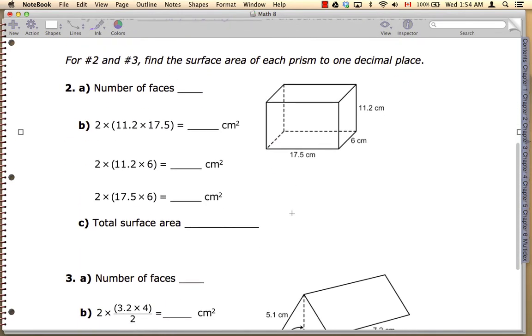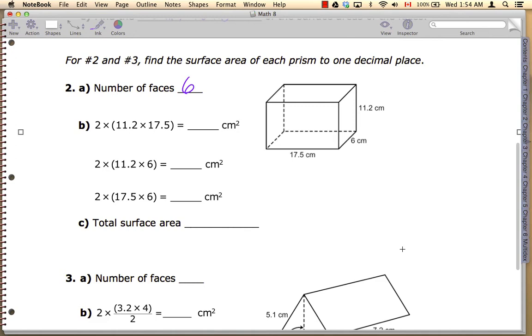Next, for number 2 and 3, we want to find the surface area of each prism to one decimal place. So here we have a rectangular prism and the number of faces is 6. There's the front, the back, the right, left, top, and bottom.